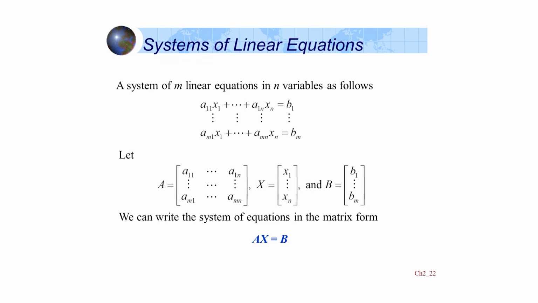This is a column of height m. If you now calculate the entries of the product, you'll see these are exactly the left-hand sides of the equations in this system. So this system can be written shortly using matrix notation, in the last row: AX is equal to B, where matrix B is again a column of height m.